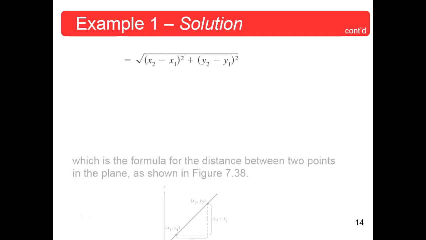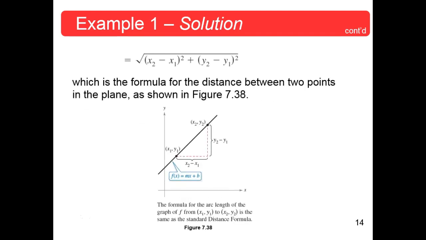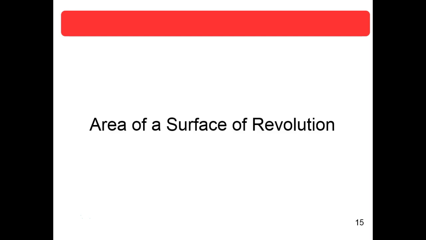Yay, okay. We saw that to begin with, which is the formula for the distance between two points in the plane, and that's exactly what your arc length of a straight line is, the length of the line. The formula for the arc length of a graph is the same as the standard distance formula. Big surprise, okay.